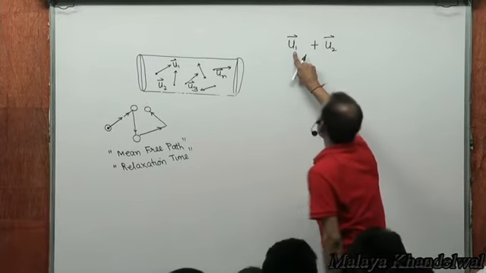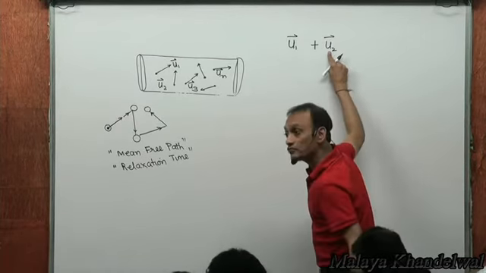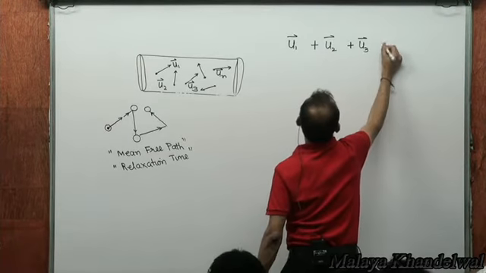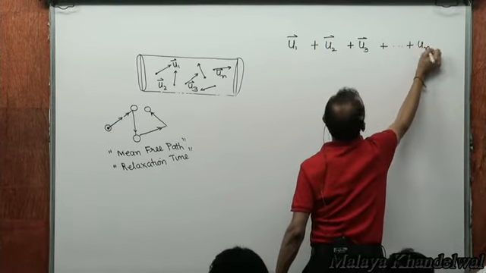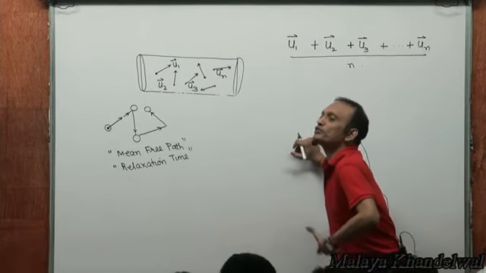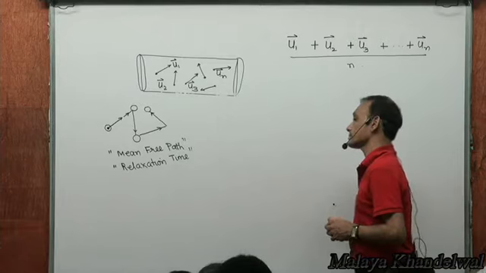So there is thermal velocity of one electron, thermal velocity of another electron, thermal velocity of the third electron, and let's say thermal velocity of the nth electron. If I divide this by n, this will give me the average thermal velocity.